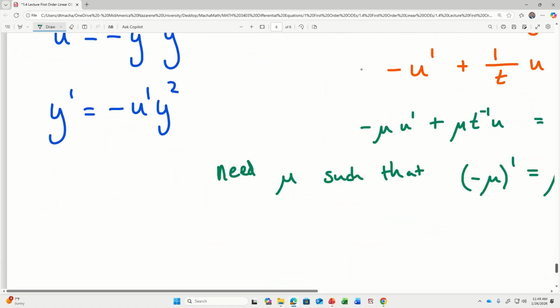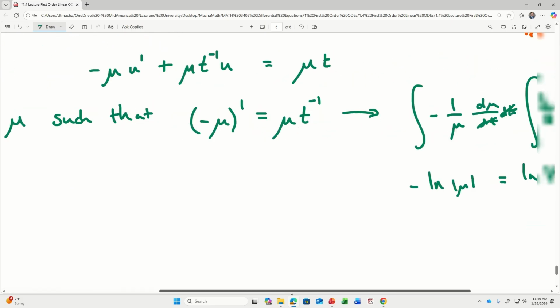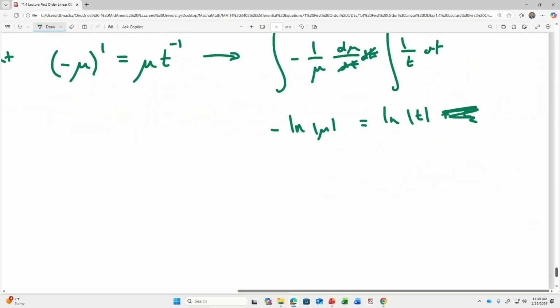I'm going to zoom in for you. When I have a negative in front of the natural log, that's the same as, no, it's not. I'm thinking it's the same thing as the natural log of mu to the negative 1 power.